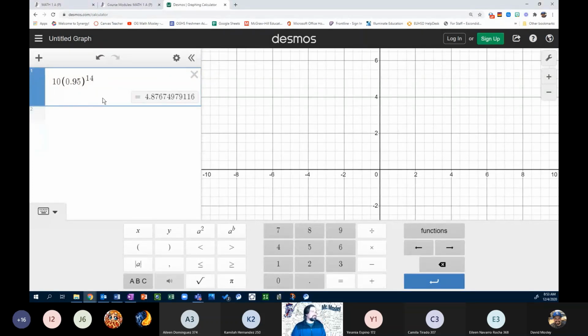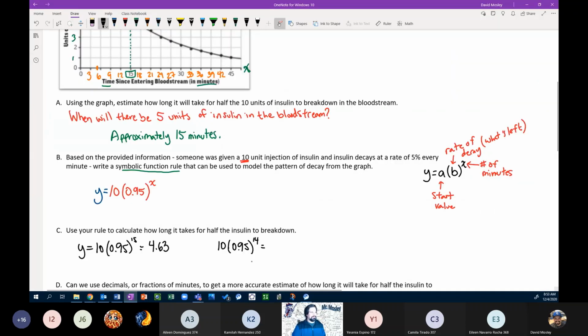So 14, we're at 4.8767. So we'll round that to 4.88. But again, we're still not quite at 5. We'll find another one.